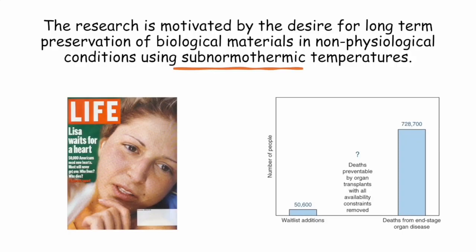the research in this field, the primary motivation in the field is organ transplant. Essentially, a large number of organs are available but are not being used because of the lack of means to preserve those organs, because of technical difficulties.